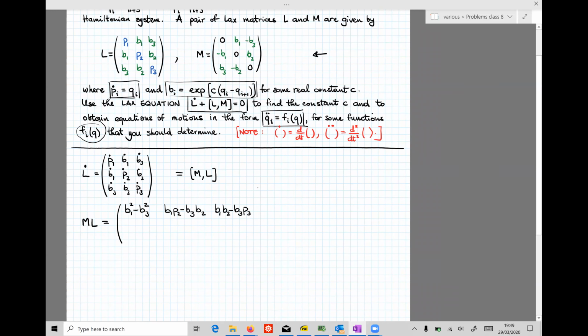Okay, for entry 2,1, second row of M, first column of L, that's minus B1 P1 plus B2 B3. Then I have minus B1 squared plus B2 squared. And finally minus B1 B3 plus B2 P3.